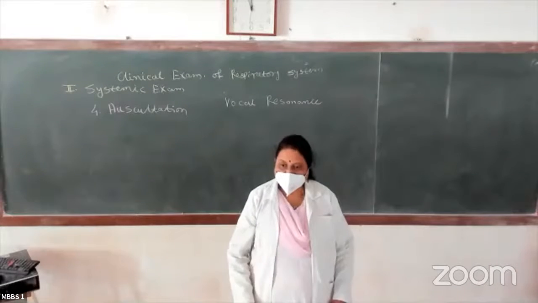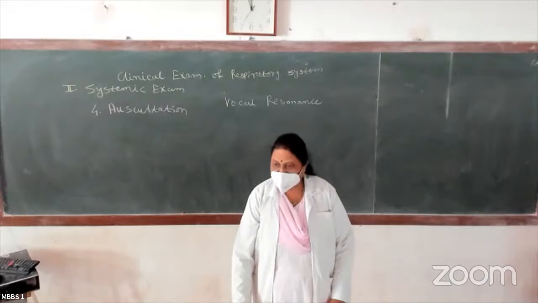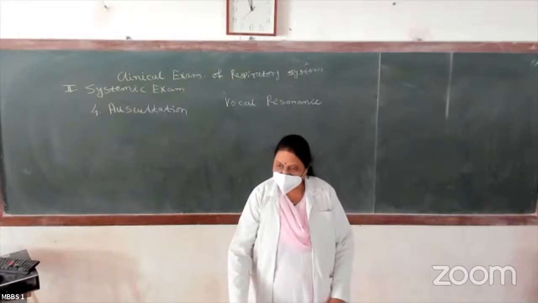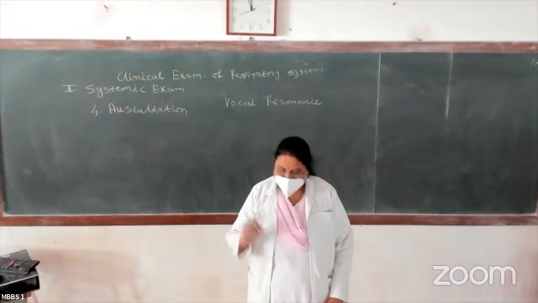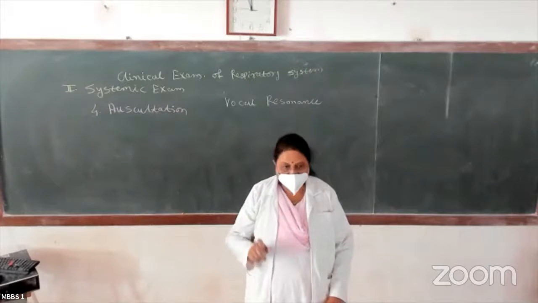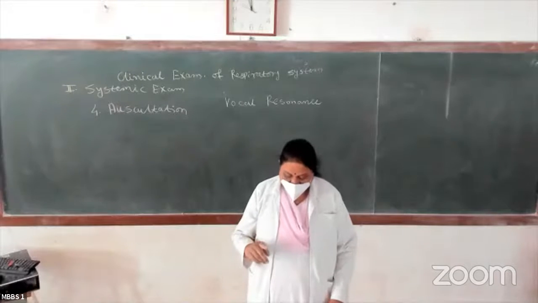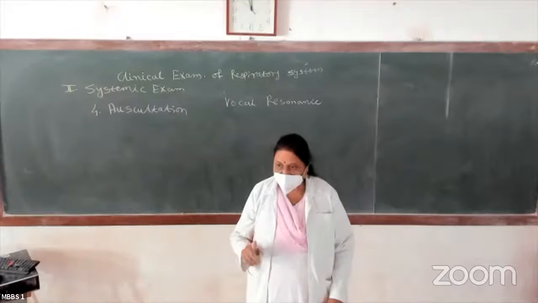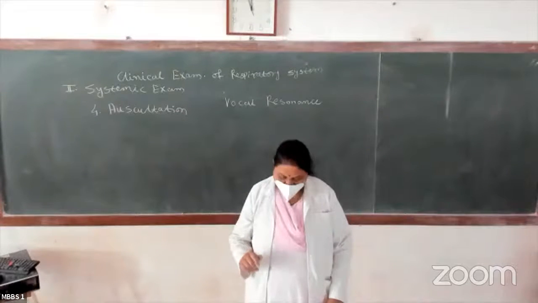Palpation confirms the findings of the inspection. Measure the anteroposterior diameter with the help of two cardboards and a measuring tape. Transverse diameter. Chest circumference at the end of deep inspiration and at the end of deep expiration. Movement of the chest wall, equal or unequal, right, left, in apices, anteriorly, posteriorly.